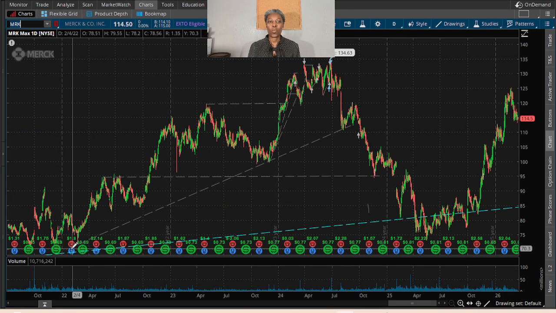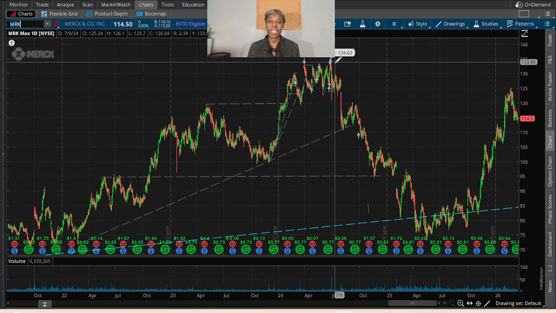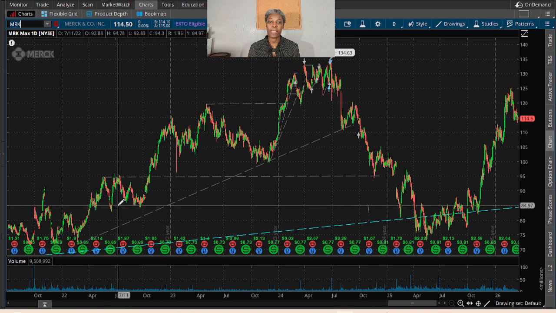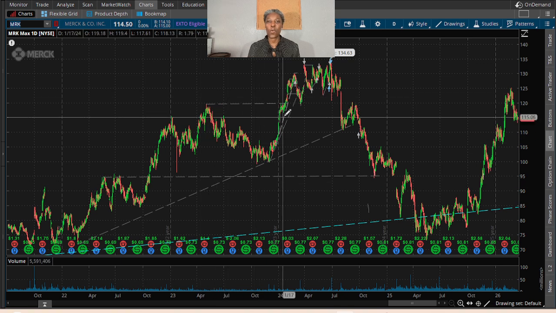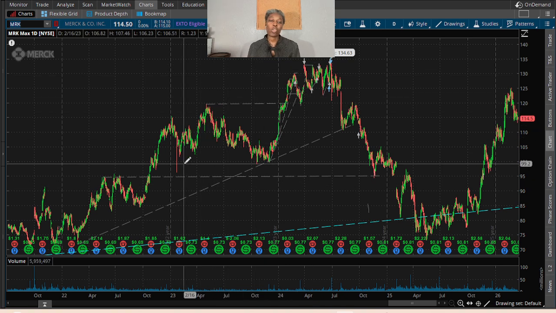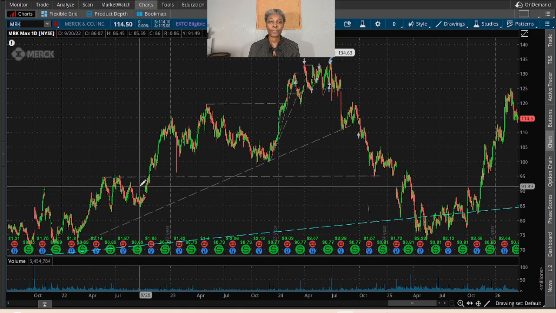When we take the MRK chart, it is moving around, swinging, making a zigzag, zigzag, zigzag, and so forth. And swing trading by default is about trading one swing of the chart.